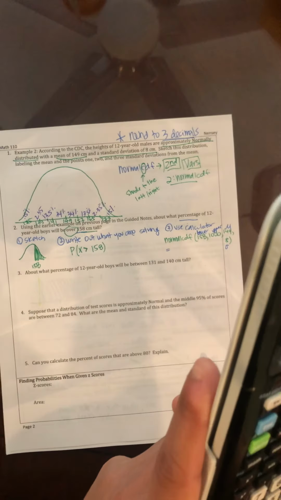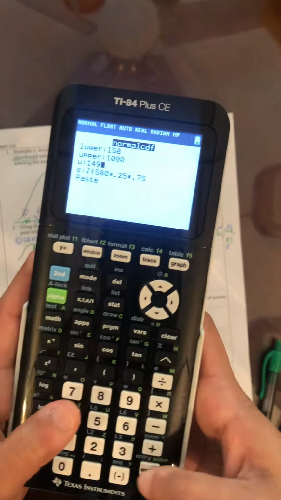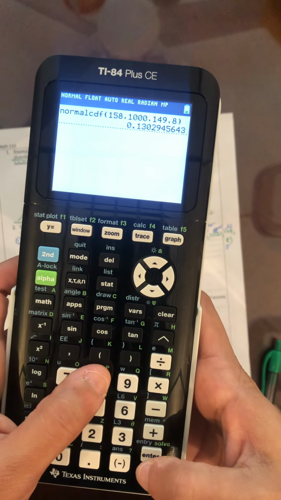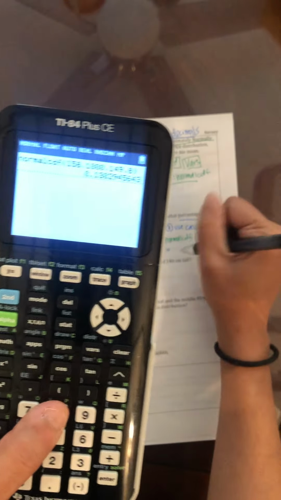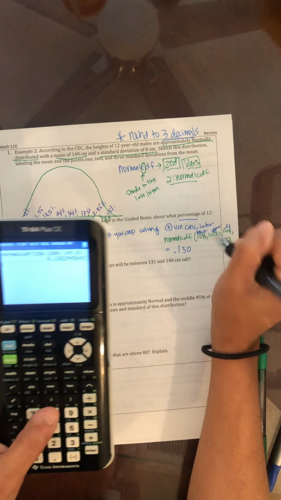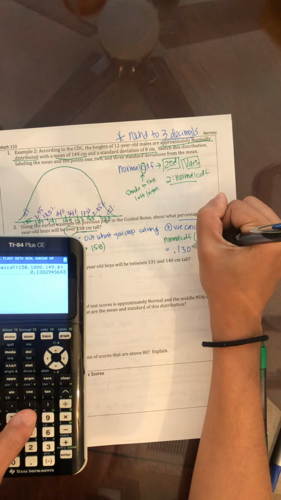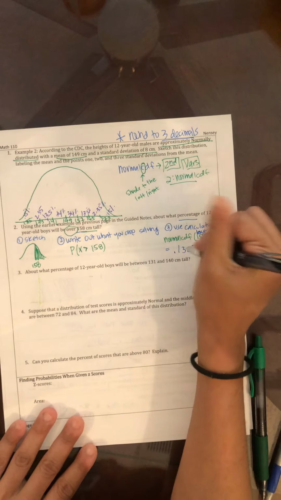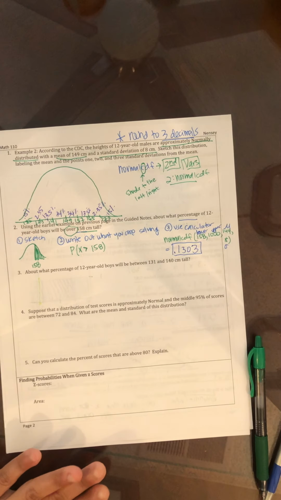My mean is 149. And my standard deviation is 8. Okay, and I'm just going to write that number down. So remember, 3 decimal places, 0.130. I'm going to write 4 just because it ends in a 0. Okay, and that is my answer, and I'm done.